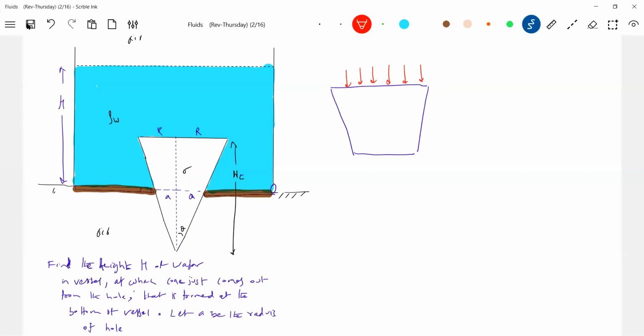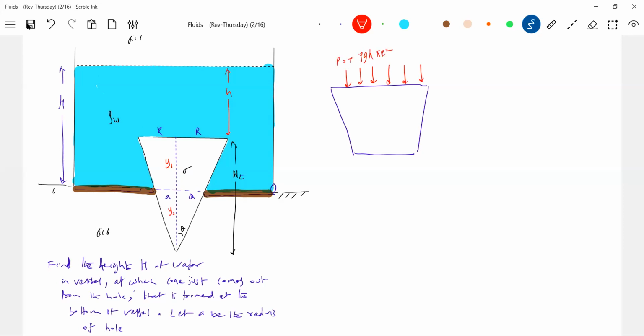So how much will it be? I think we don't know this one. Shall I call this Y1 and Y2? Of course, Y1 plus Y2 should be HC. So here, how much pressure will it be? H minus Y1, or if you want, take this as H. So this should be equal to the force P naught plus rho g H into pi r square.